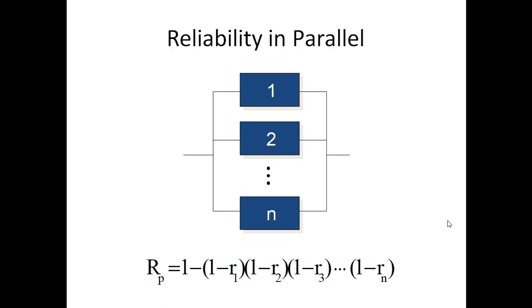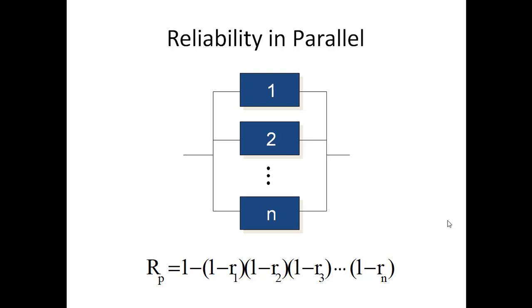So a two-step parallel process where each step, say, is 90% reliable is 1 minus 0.1 times 0.1, which ends up being 99% reliability. So when I'm dealing with OR logic, when I'm dealing with parallel, reliability always goes up because I'm basically adding things together.